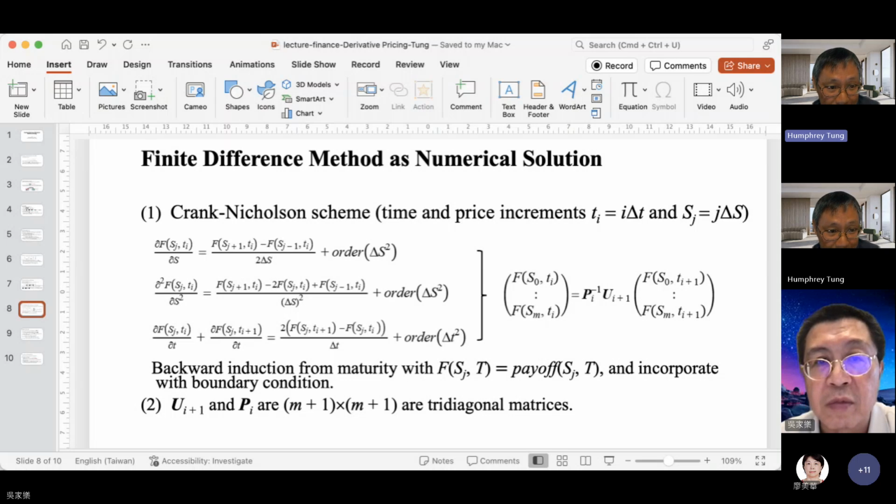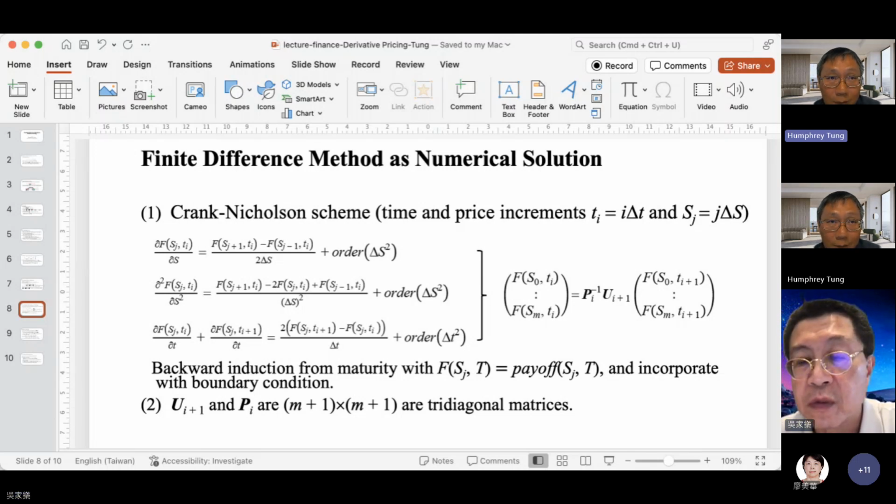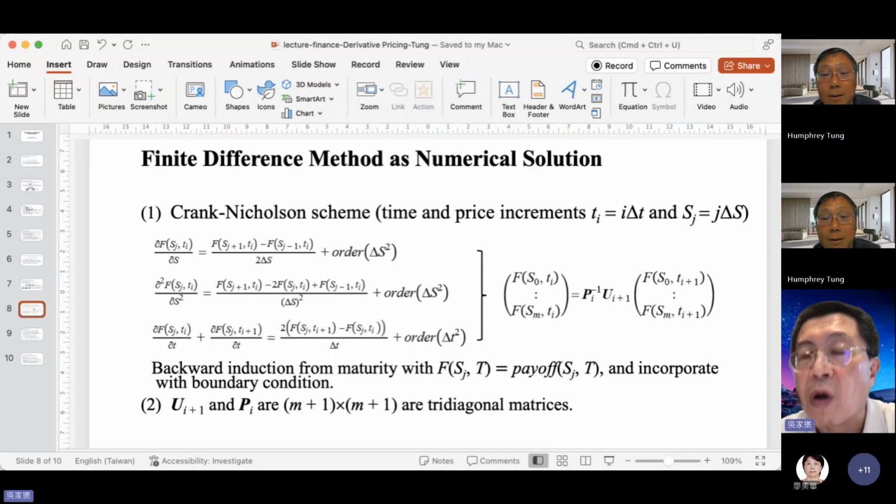If you have models on volatility, then you need to update when you backward iterate, and your volatility also needs to calibrate with the market. So there will be a lot of work before you can write down P and U and then iterate one step, and then you need to do that one more time. So I think the difficult part is not how you invert, it's how you construct P and U in the first place. I see.